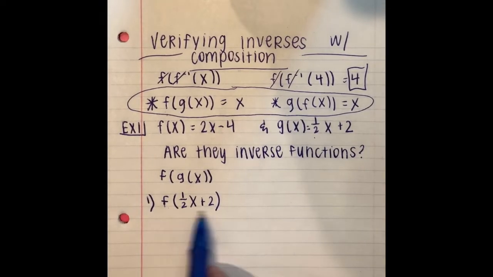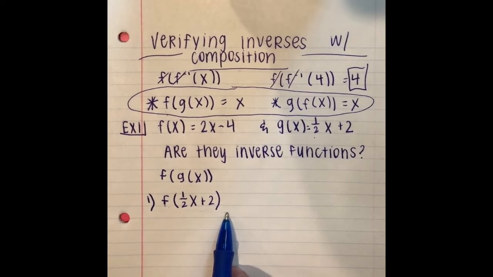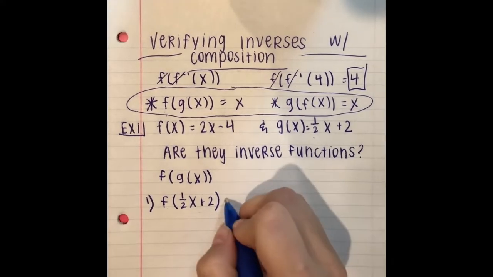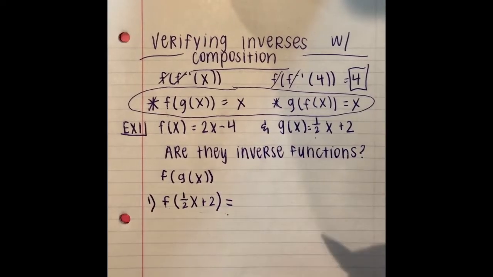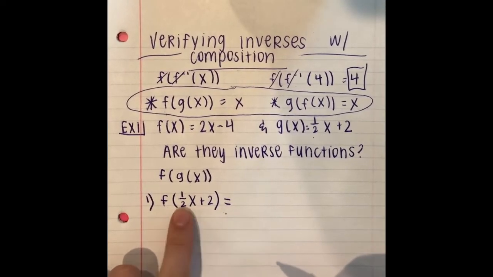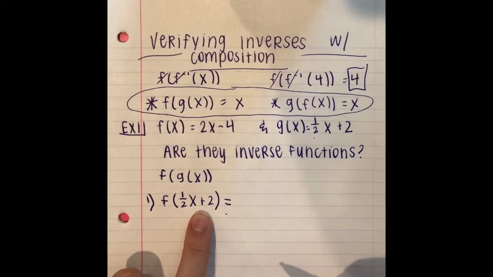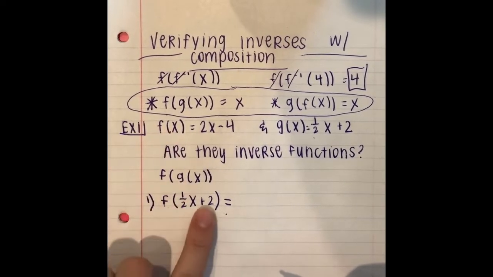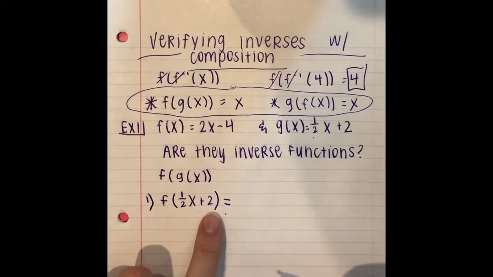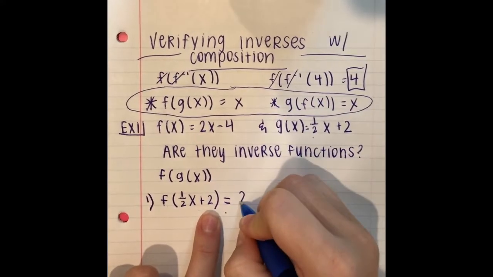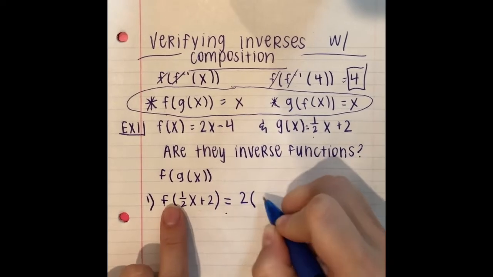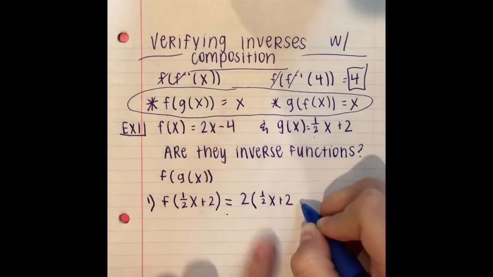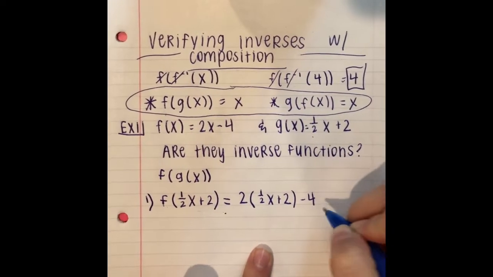Now I want to actually solve this. Okay, so I want to take that, and wherever I see an x, I want to plug in this whole thing, 1/2 x plus 2, into my f function. So f of x, right, we're replacing our x with everything inside this parentheses, 1/2 x plus 2. So I'm going to bring down my 2, and then in parentheses, I'm putting 1/2 x plus 2, and then I'm bringing down my minus 4 on the outside.